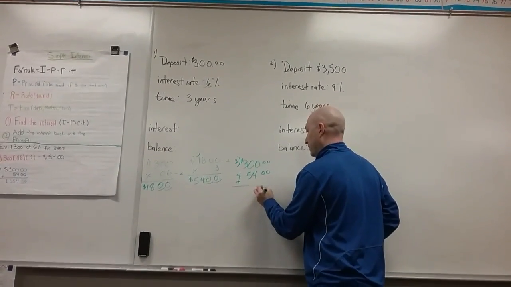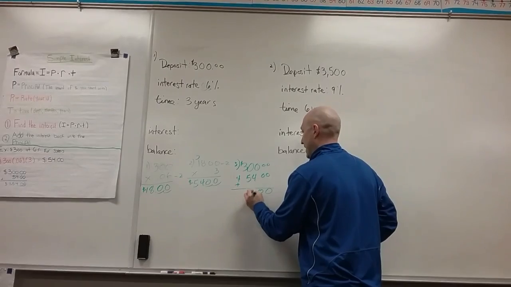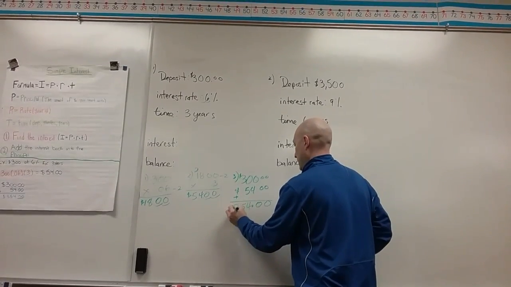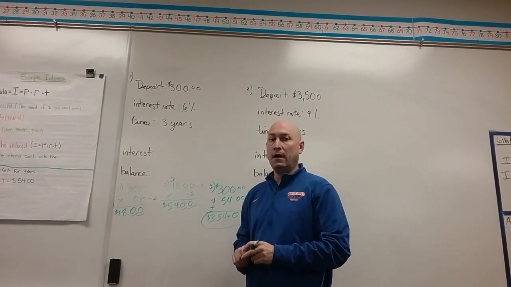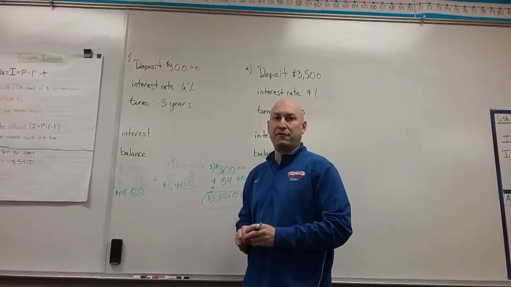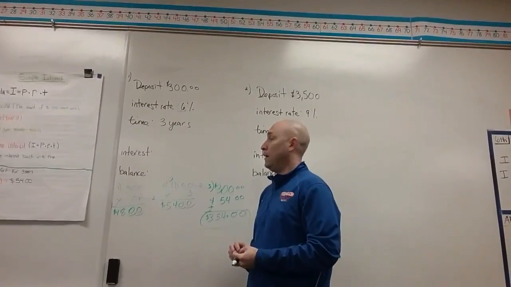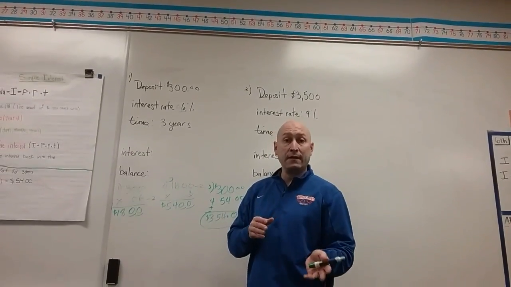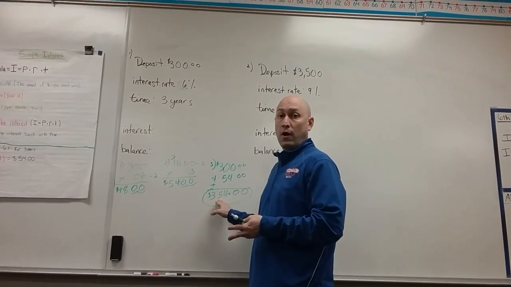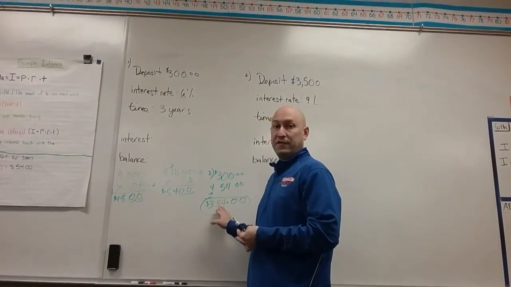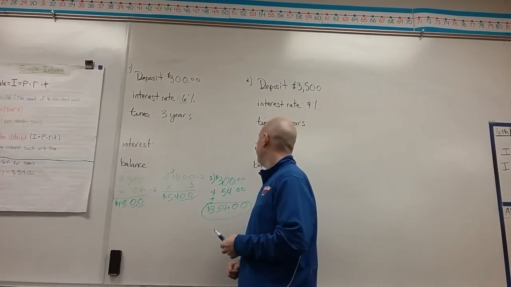Bring down my decimal and add everything up. So my new balance would be $354 after 3 years. So without putting any more money in, without taking any money out, the balance would have grown $54 over that period of time.